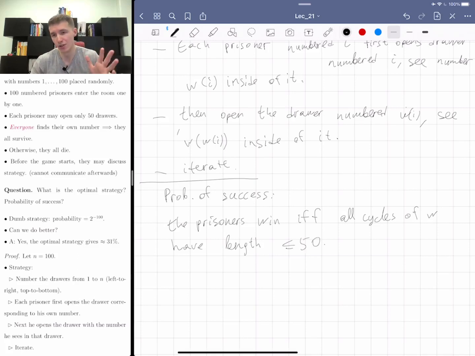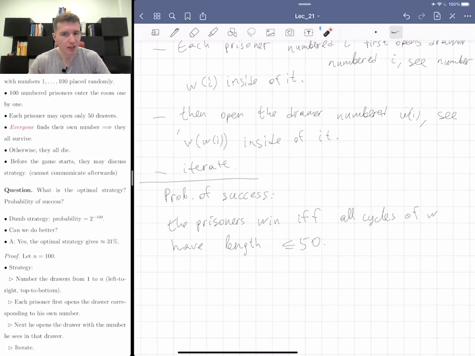Here it's important that W was not some specific permutation, but some uniformly randomly chosen permutation out of all possible permutations. So the prisoners win if all cycles have length at most 50.